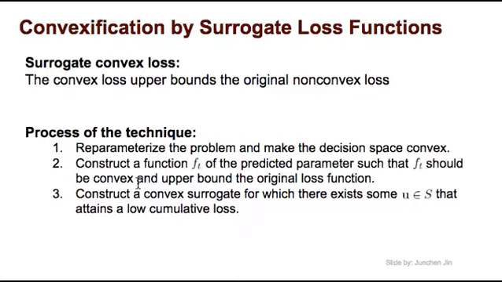In a sense, it can also be a randomization, but what we do is construct a convex loss function that is an upper bound of our original non-convex loss function.